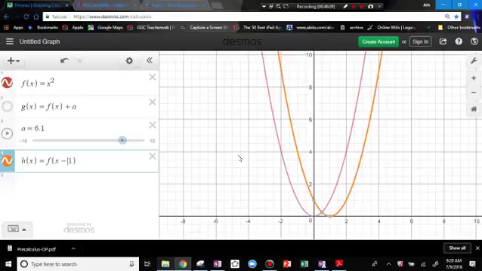Why are we doing this? Because pre-calculus is about functions, but functions aren't always going to be the way you want them to be. We aren't always going to be dealing with x squared. Sometimes we're going to be dealing with x minus 5 squared, or 4 times x minus 3 squared plus 15. If we know the graph of x squared, hopefully we should know the graph of 4 times x minus 3 squared plus 15.